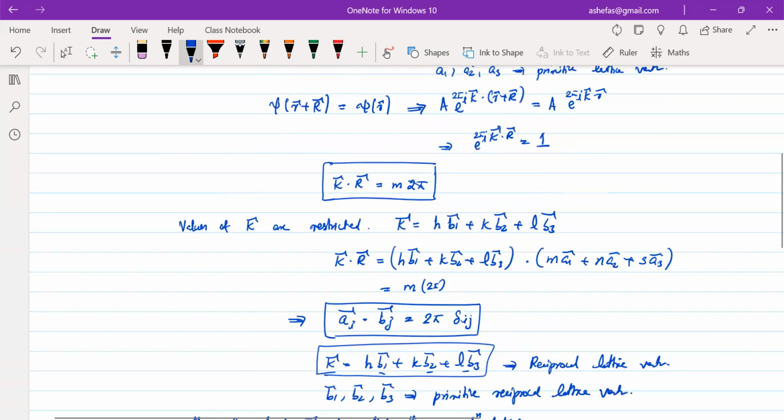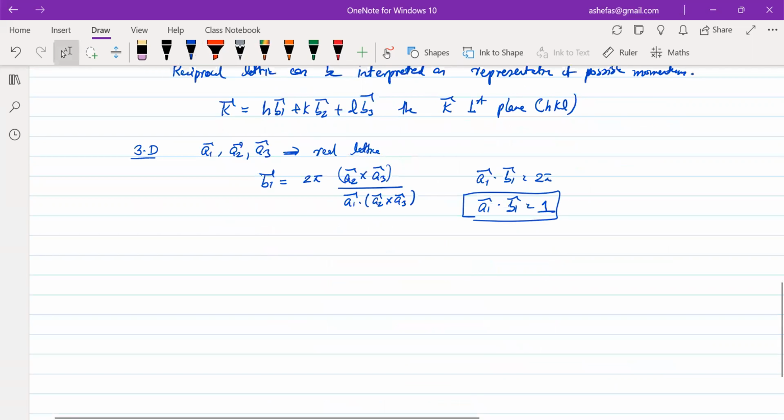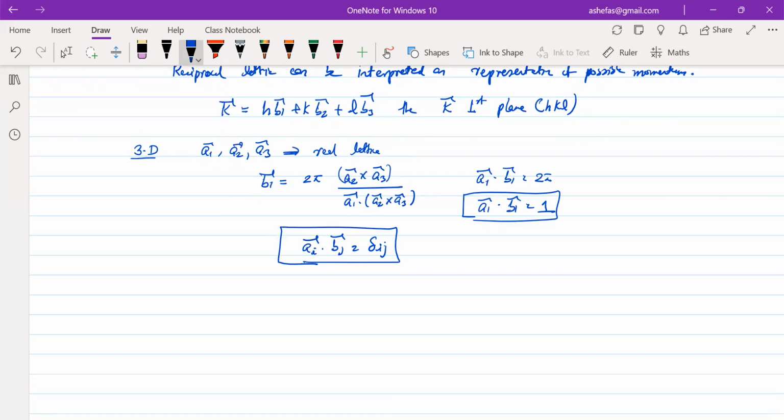So in such cases, the connection between the real lattice and the reciprocal lattice would be ai dot bj equal to delta ij. We have to keep this in mind because sometimes the question may be based on one kind of convention, and sometimes on the other.